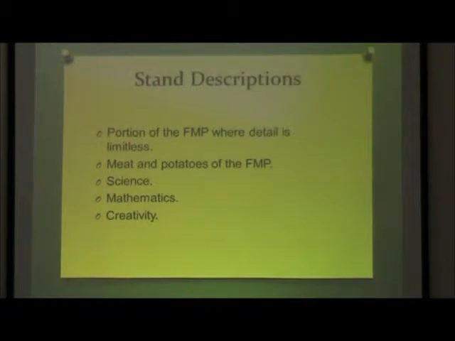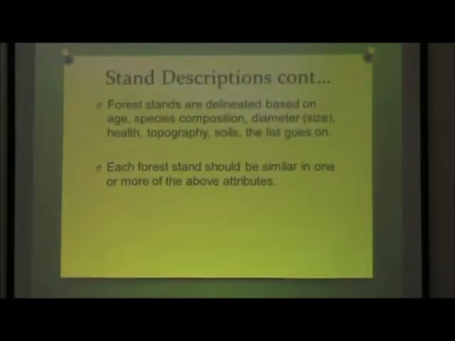All right, the stand descriptions: what do we have out there? What is out there? What does it look like? Is it mixed hardwoods? Is it 50 years old, 100 years old, etc.? They're basically broken down by age, species, composition, diameter, size, health, topography, soils, and so on. Each forest stand should be similar in one or more of the attributes.